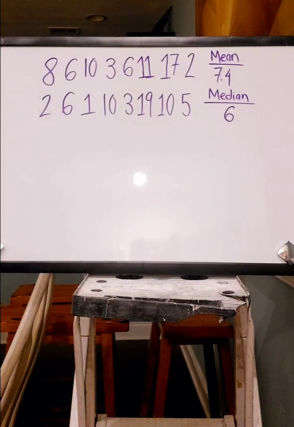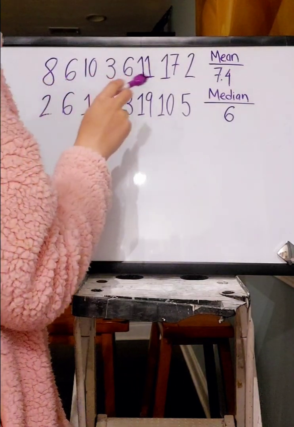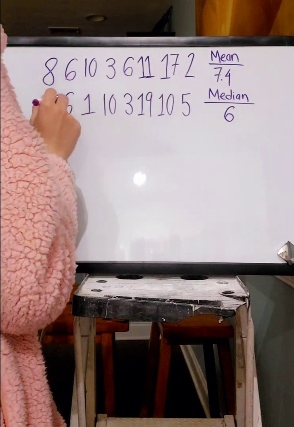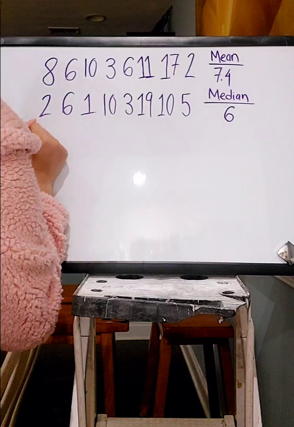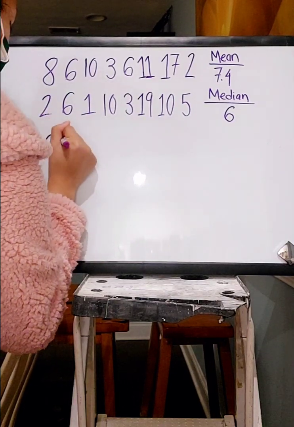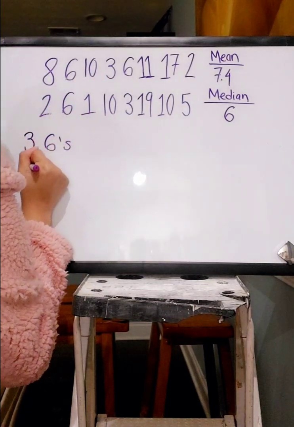Now the mode is the number that shows up the most in the data set. And like I said earlier, you can have more than one mode. So let's see if that will be the case. We've got how many 8s? Just 1 8. How many 6s have we got? Wow, we have 3 6s, okay. So let's take note of that. We've got 3 10s.